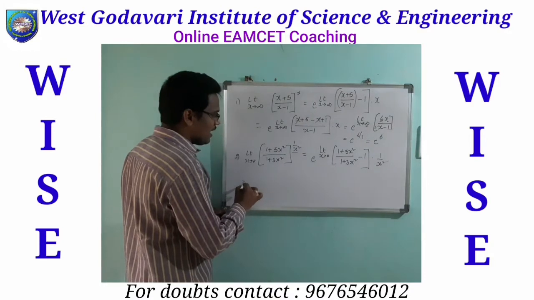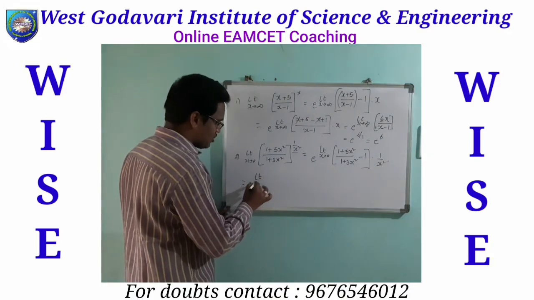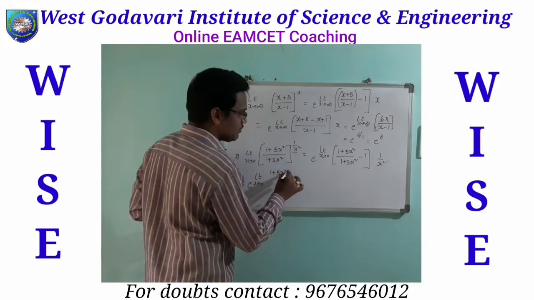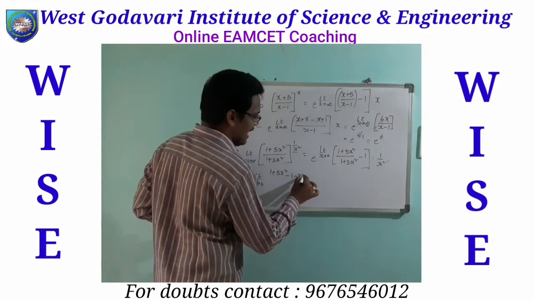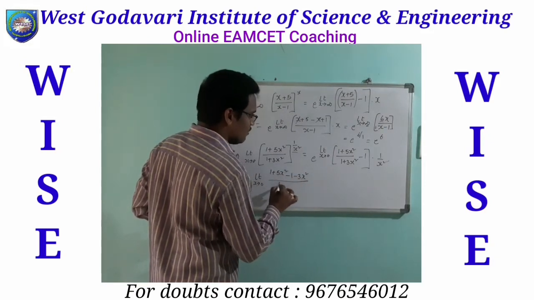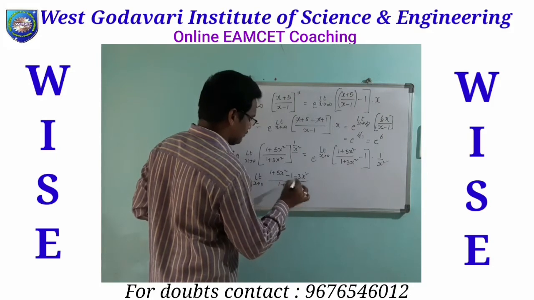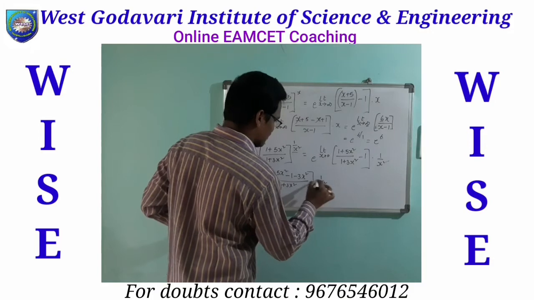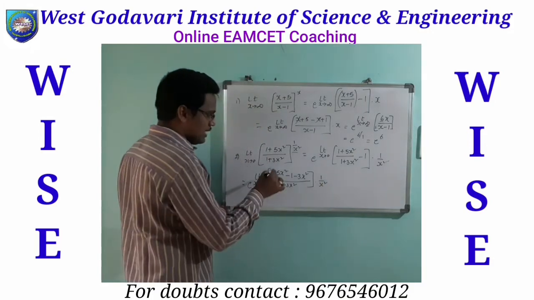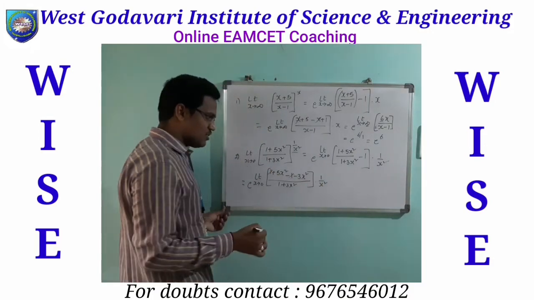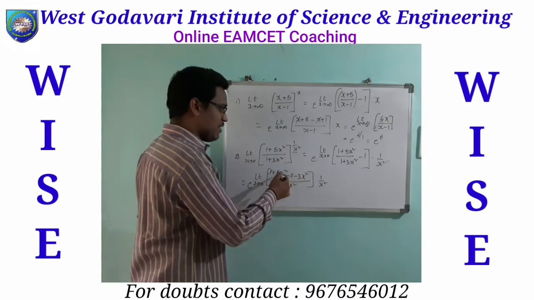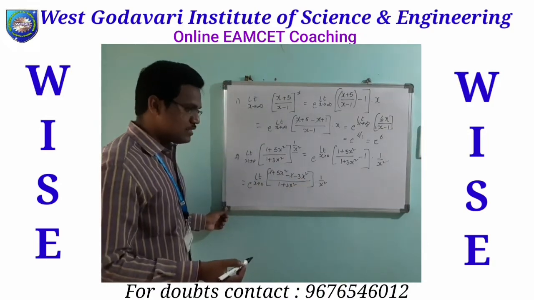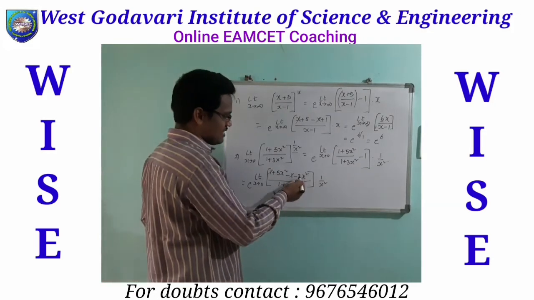Now take the LCM. e power limit x tends to 0, 1 plus 5x square minus 1 minus 3x square by 1 plus 3x square, into 1 by x square. Here plus 1 and minus 1 cancel each other. So 5x square minus 3x square is 2x square. x square cancels.